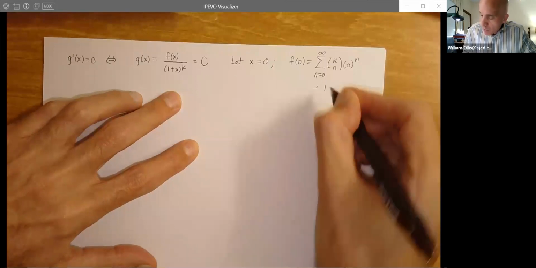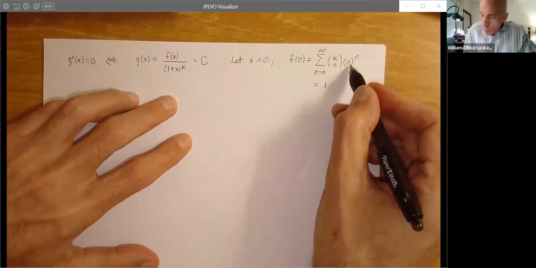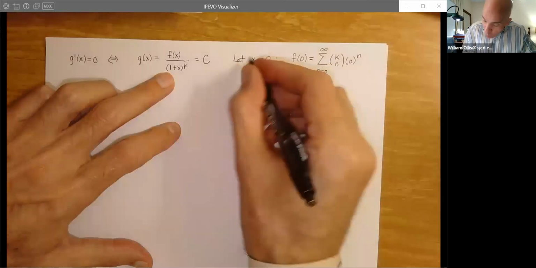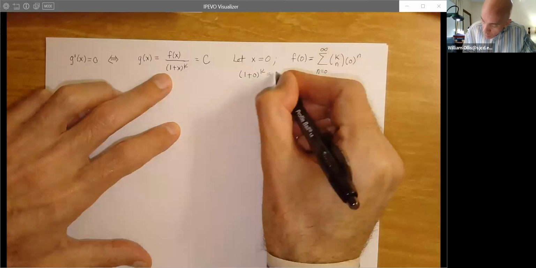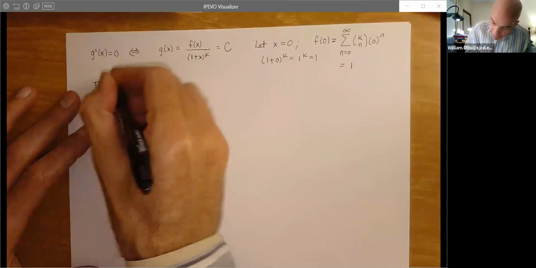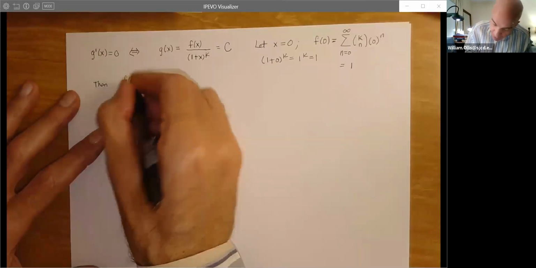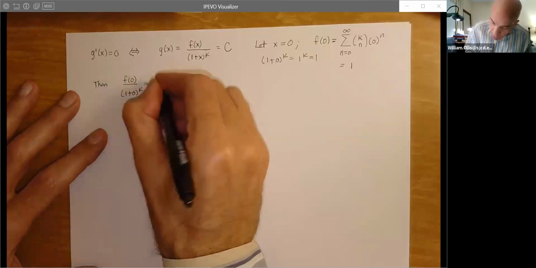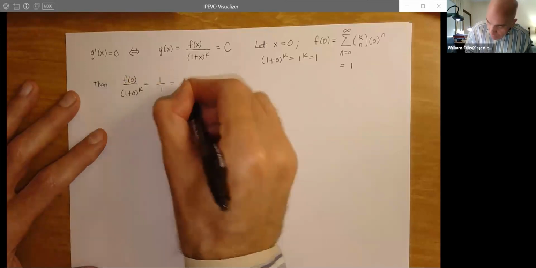The only term that survives is the k choose 0 term, where this is just 1. So it's just 1. And then, of course, 1 plus 0 to the k is just 1 to the k, which is 1. So then f of 0 divided by 1 plus 0 to the k equals 1 over 1 equals 1 equals c.